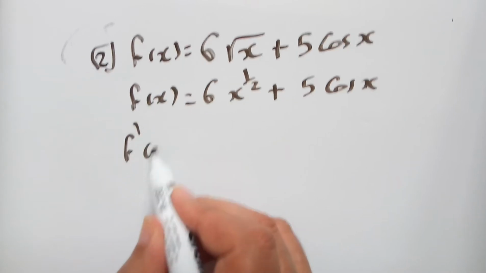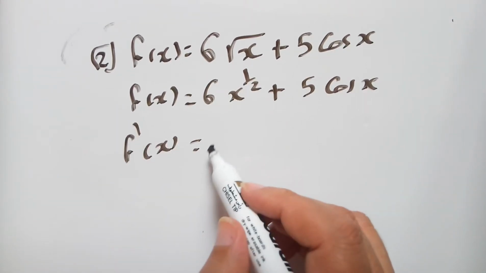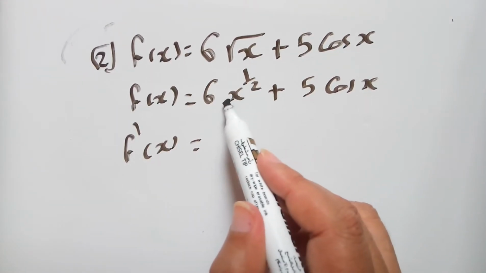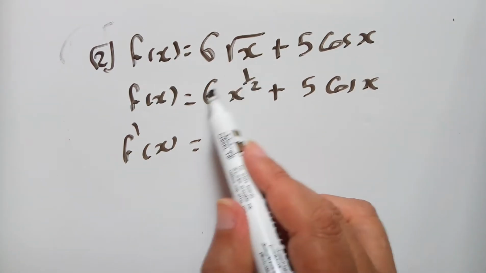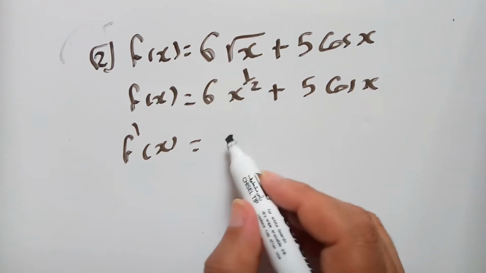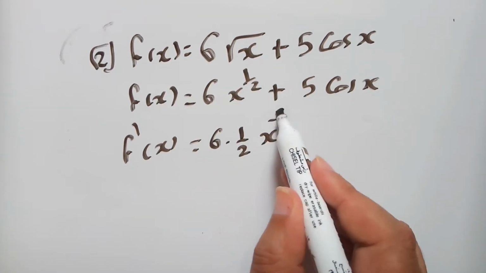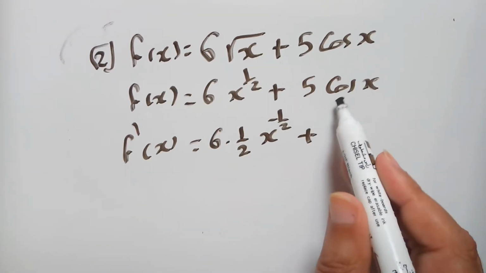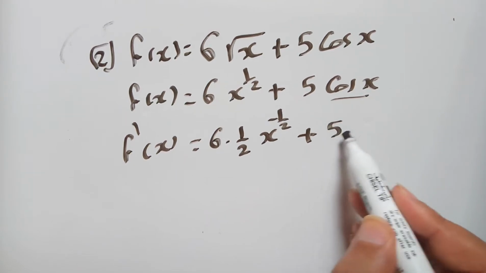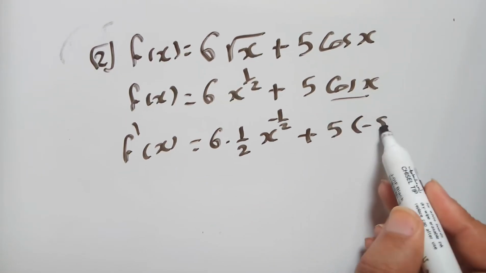Then the derivative for this function f prime of x, apply the power rule for x to the power half, bring down the power and subtract 1. Then 6 multiplied by half x to the power half minus 1, negative half, plus the derivative for cosine x is negative sine x.